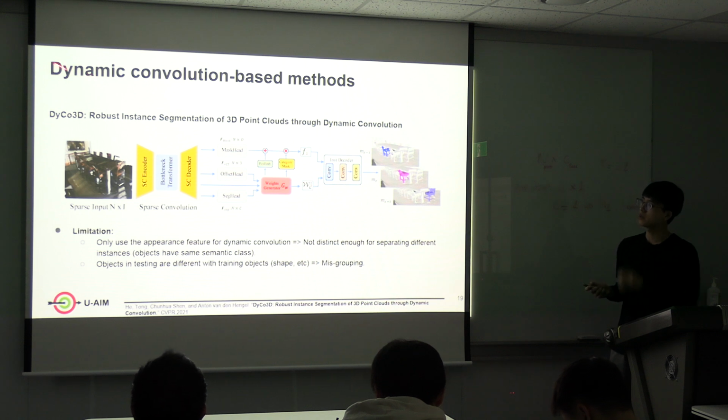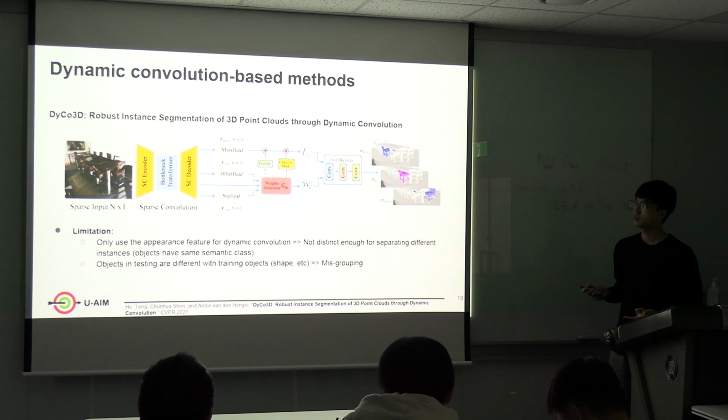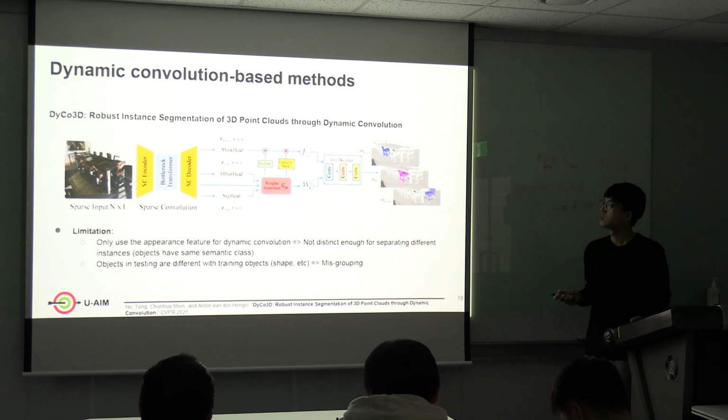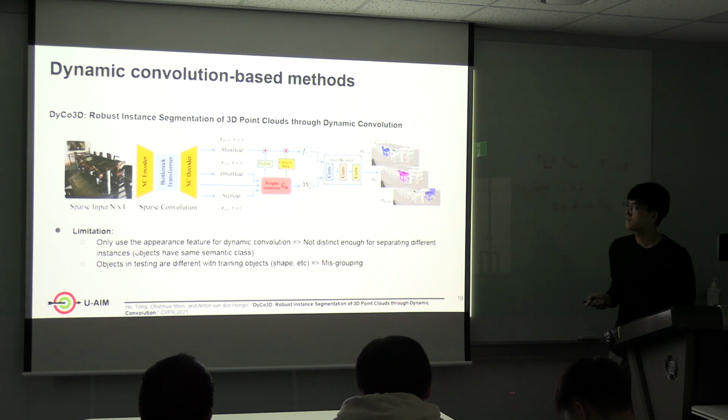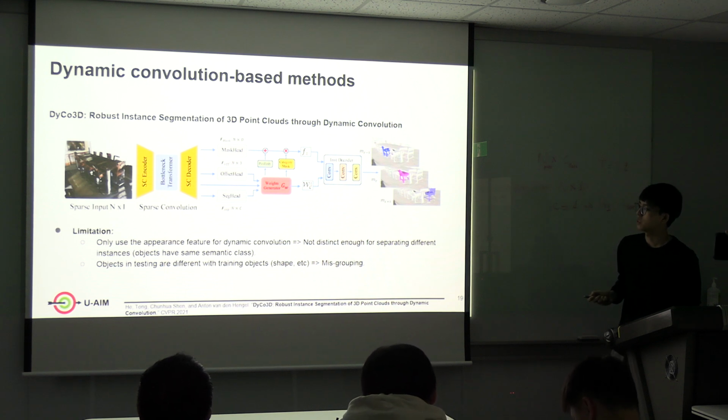So I think the one-stage method will be faster than the two-stage method. And the limitation of this paper will be that they only use the appearance feature here for dynamic convolution. So this feature is not distinct enough for separating different instances.